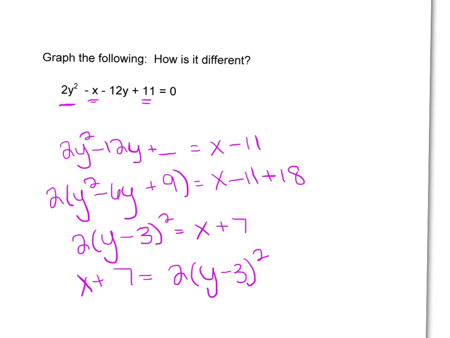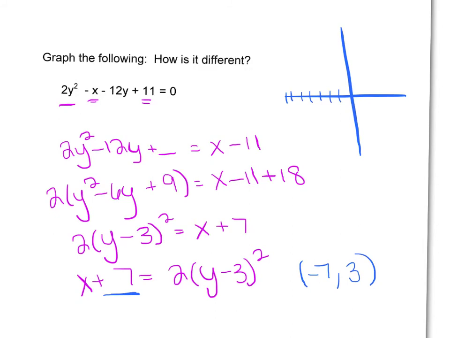Well, it's different because the vertex is still found in the same way, but you've got to keep in mind that this is the guy with the x term. So when you're looking at this vertex, it's negative 7 for the x, and then 3 for your y. This is a parabola that's opening to the right. 1, 2, 3, 4, 5, 6, 7. 1, 2, 3. So it'll be opening like this.